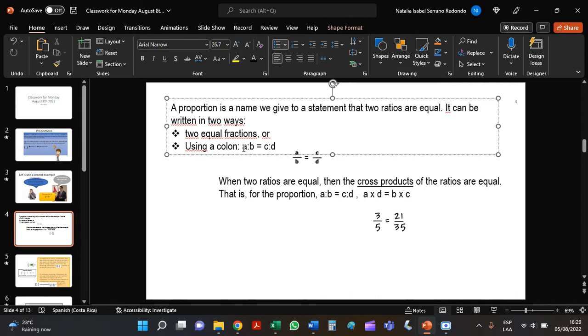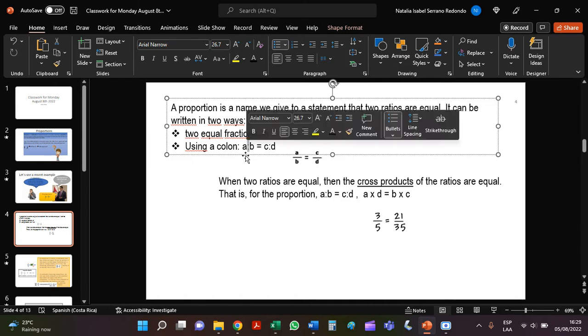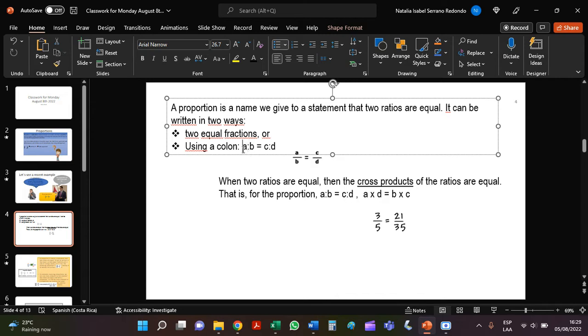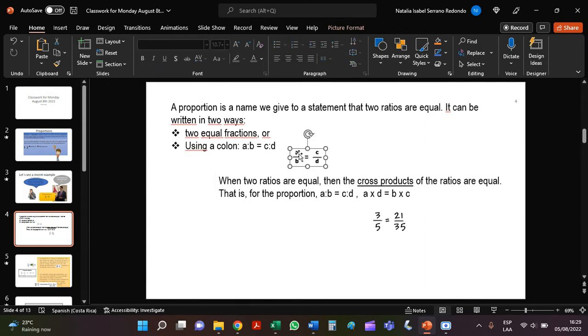When we use a colon, which is dos puntos, then we say the word to. A is to B as C is to D.